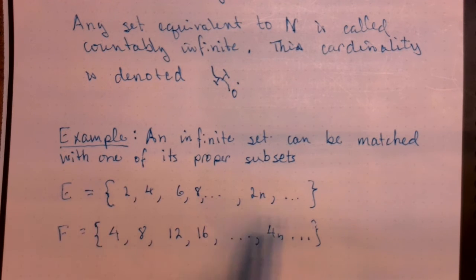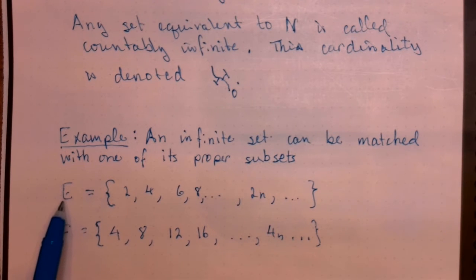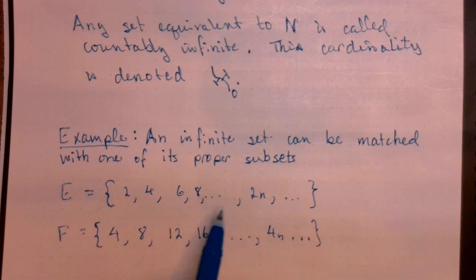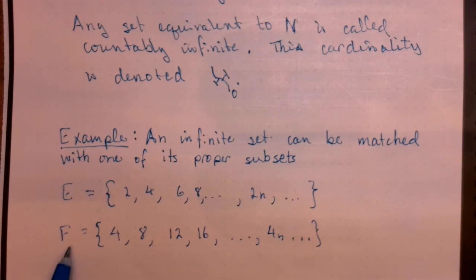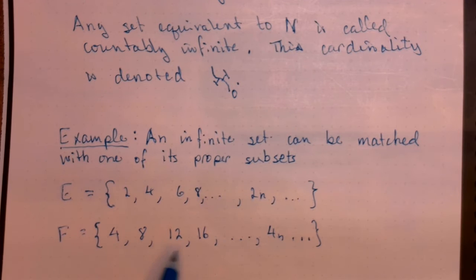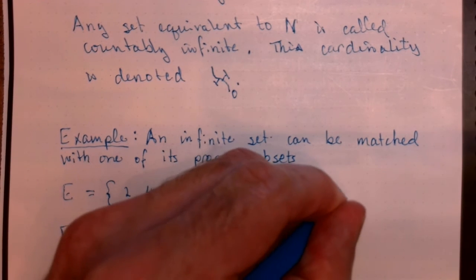Okay, so here I have two sets. I have the set that I'm calling E, 2, 4, 6, 8, etc., the set of all even numbers. And here I've got the set F, 4, 8, 12, 16. This is the set of all multiples of 4.